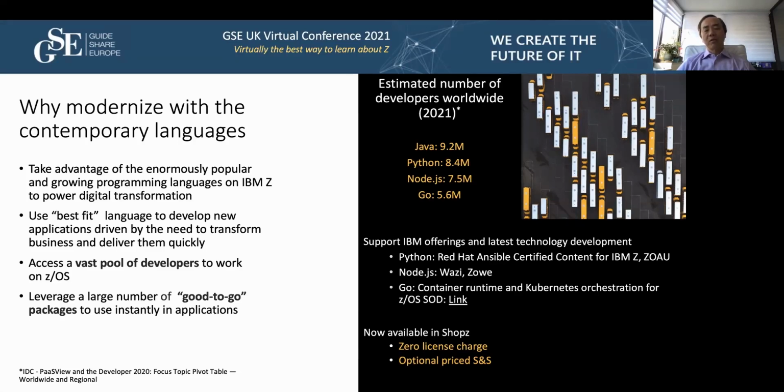Another very important point is that there are a lot of skills out there in the market for these languages. And when we enable these languages, we're going to be staying current with the community. For example, Python should look exactly the same as Python everywhere, so that you can use the talent pool that the market has, and have them work on zOS as well.